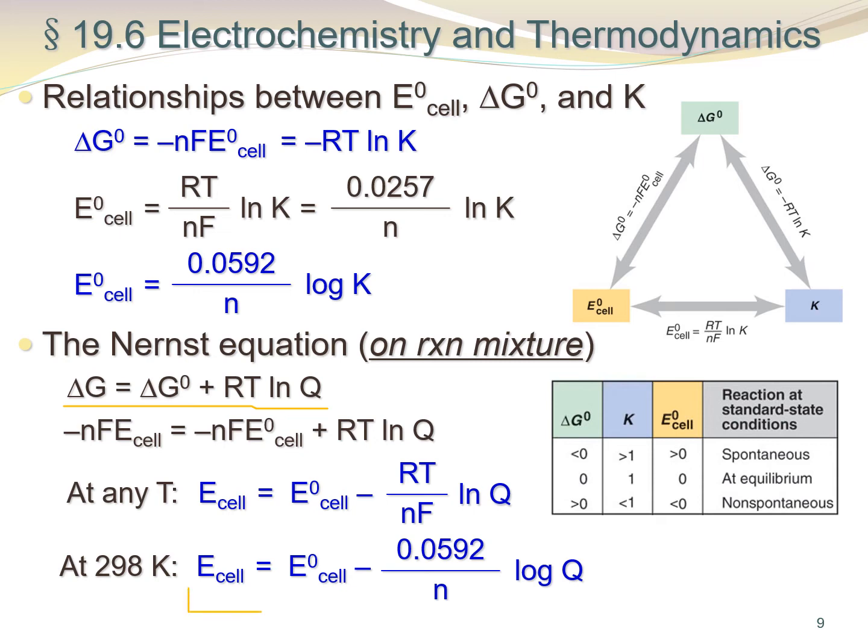And this is the one particular equation that I want you guys to realize. For this equation to take place, it must be 298 Kelvin, because this is the only condition under which we can plug in temperature for this value of 0.0592.